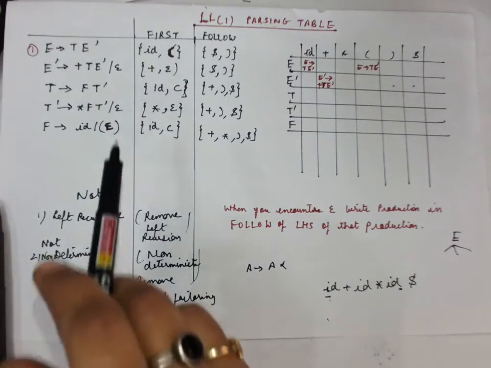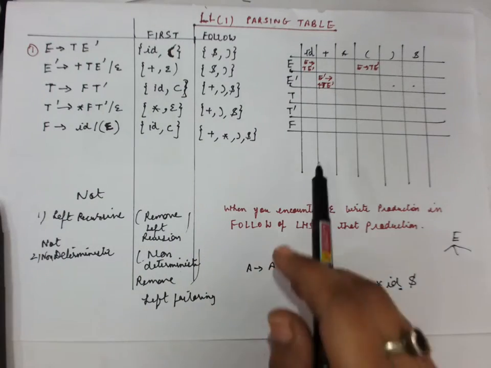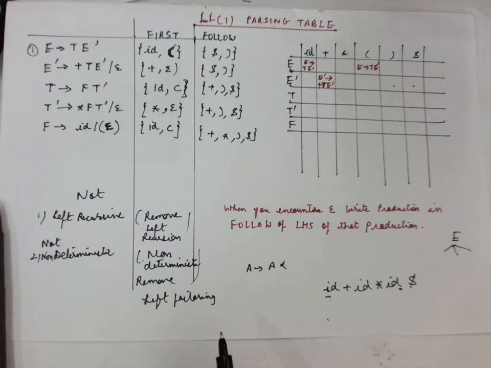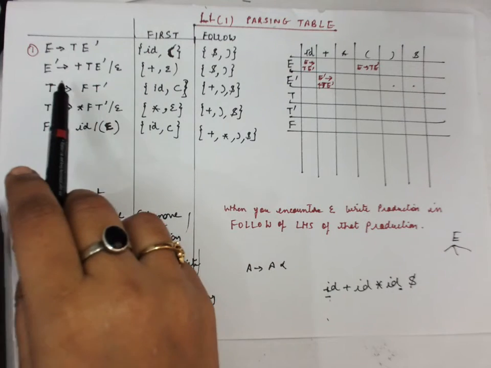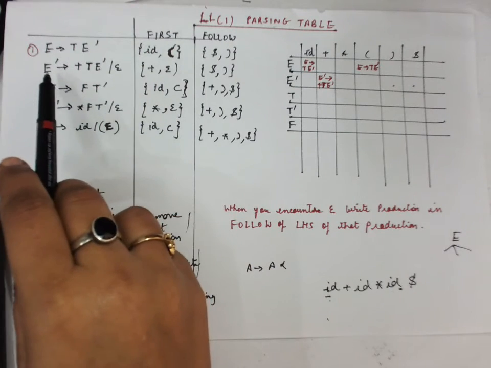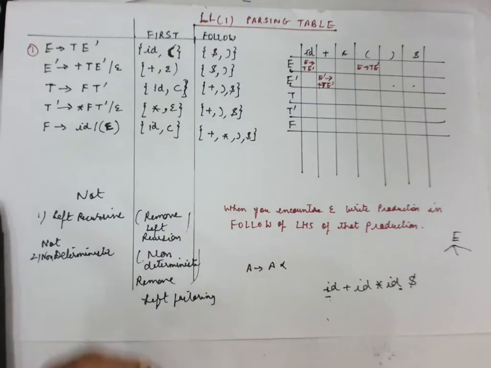Next, there is an epsilon over here, but in the table we don't have any epsilon. So we have to make sure that everything that is coming in epsilon is handled. If there is a production rule that gets the epsilon, here we have E dash gives epsilon. For plus TE dash we have written over here.